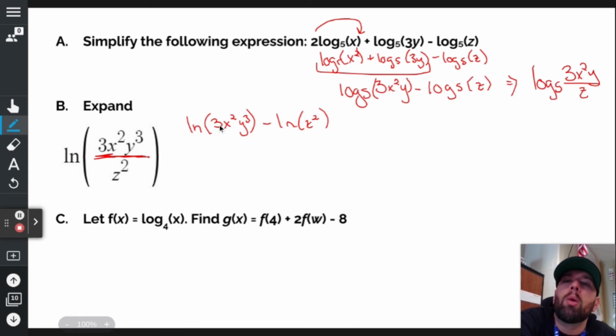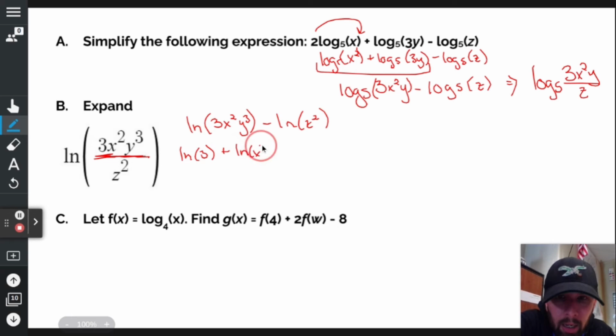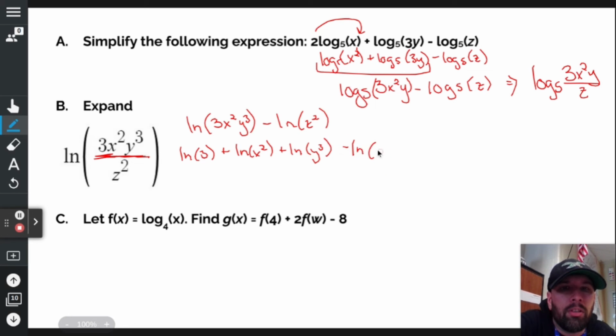Now I'm multiplying 1, 2, 3 things inside that parentheses, which means in order for me to get to that point, I must have added those 3 things to begin with. So you become ln of 3 plus ln of x squared plus ln of y cubed. Over here, I still have minus ln of z squared.